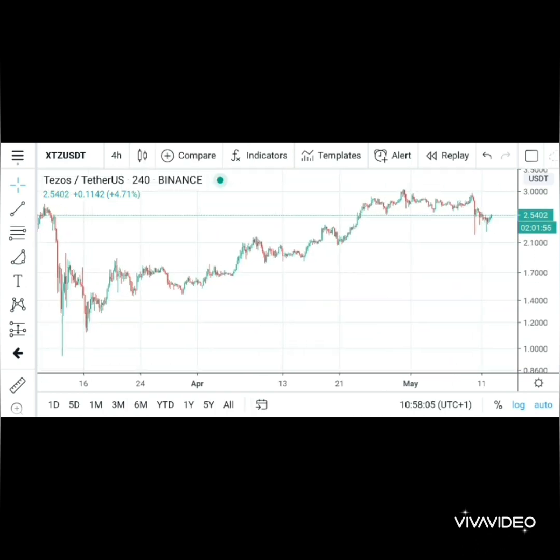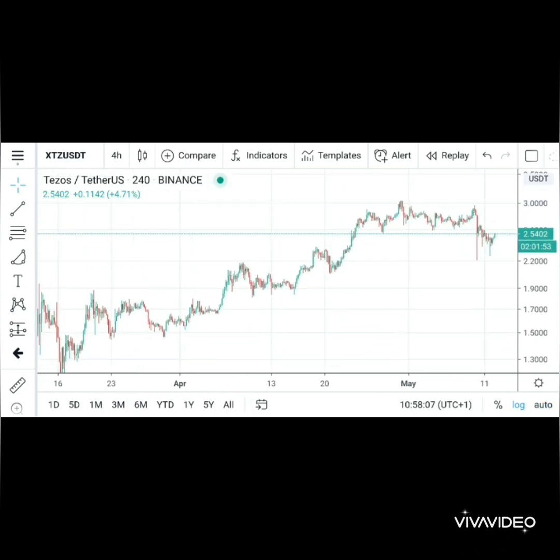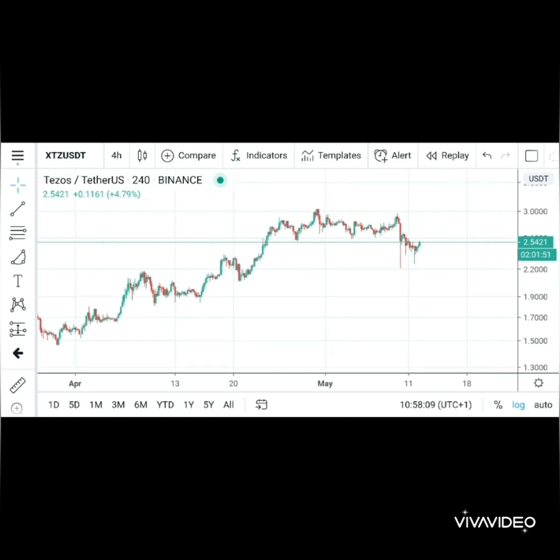Line chart actually just helps you to identify the direction of a trend more easily. But candlestick chart gives you more details because it gives you the opening price, closing price, swing high, and swing low. But line chart just gives you one piece of information, and that's the closing price or the opening price, depending on the one you choose.